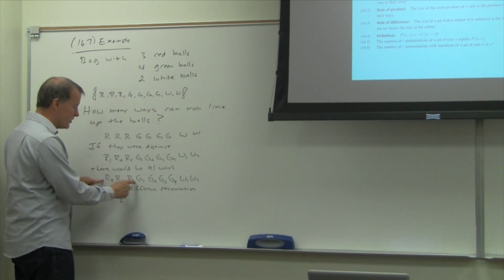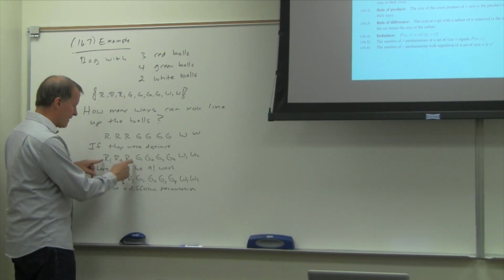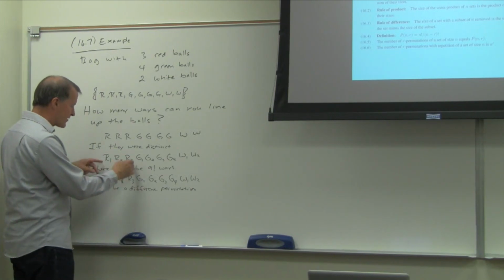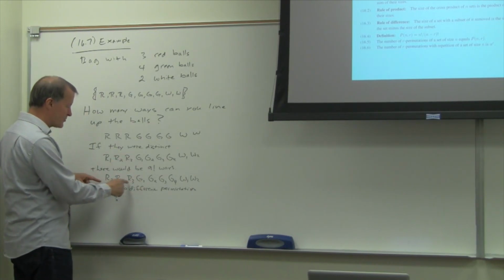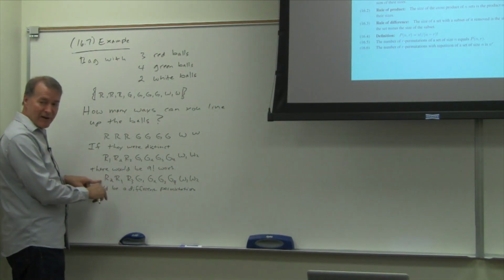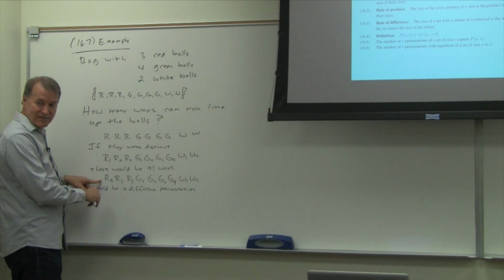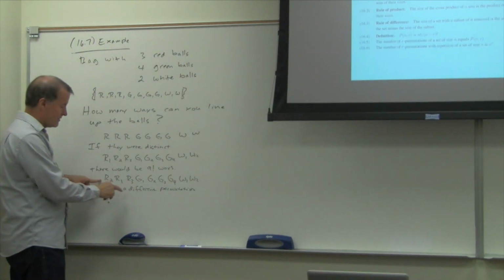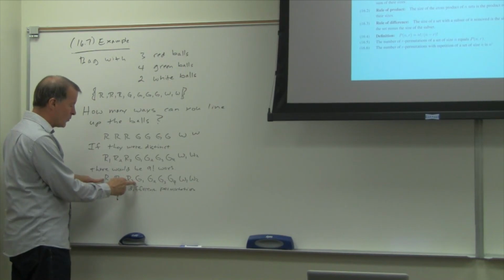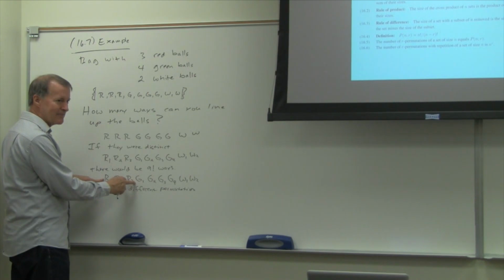So for each, how far off are we? By what factor off are we by virtue of the reds? Yeah, we're off by a factor of 6. If we count them as being distinct, we'll have 6 times too many by virtue of the fact that the reds are not distinct.